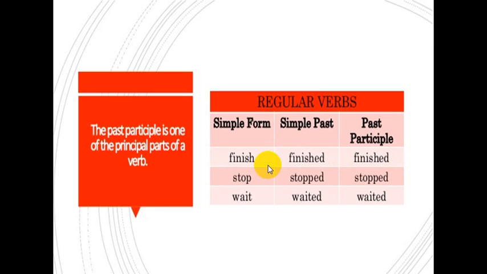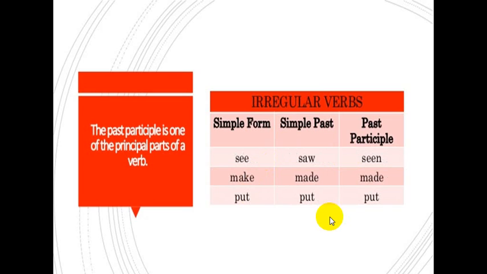Wait, waited, waited. For irregular verbs, the simple form infinitive, look at the verb see here. It becomes saw in the past, seen in past participle. Make, made, made. Put, put, put.